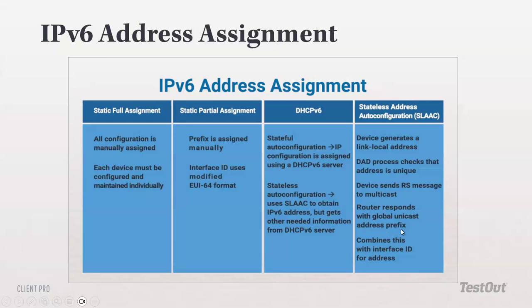And at the end, when the router and the client are done with their communication, we've got a combined interface ID with a prefix to come up with an IP address that way.